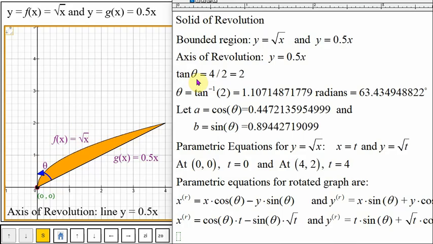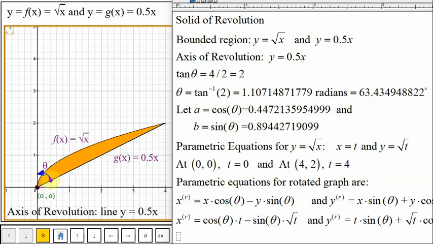So we have tangent of theta equal to 2, and so theta will be tangent inverse of 2, which is about 1.107148 radians, or 63.43 degrees.